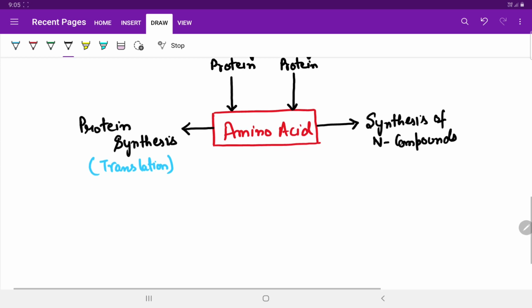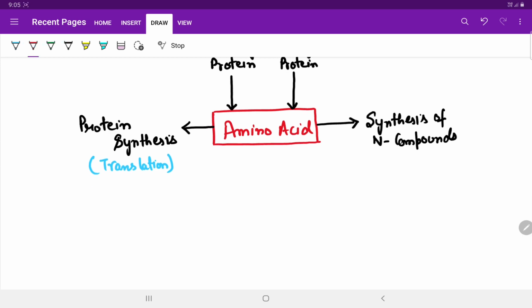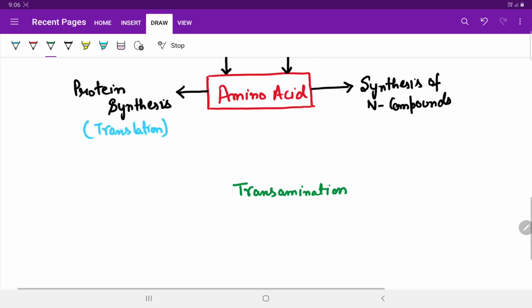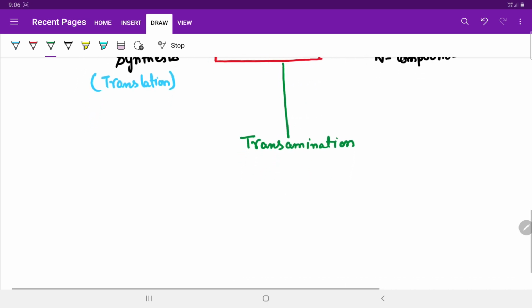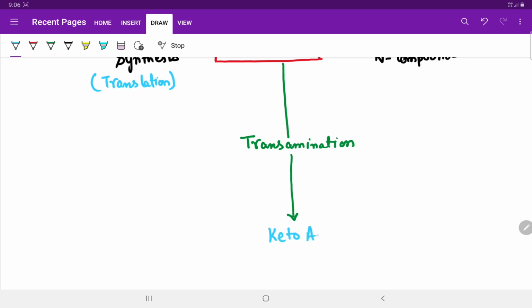Now comes the major process of transamination here. Now these amino acids are converted into the corresponding keto acids through the process of transamination.